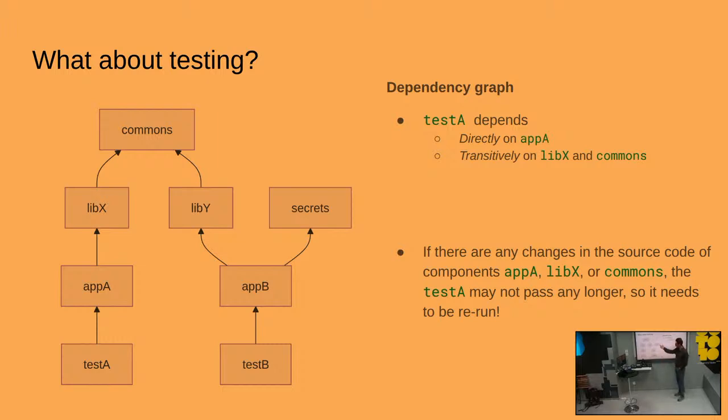If we modified secrets, then we know in the graph we can't actually get to test A, because only test B is a node that depends on secrets. Imagine a large dependency graph with thousands of nodes.